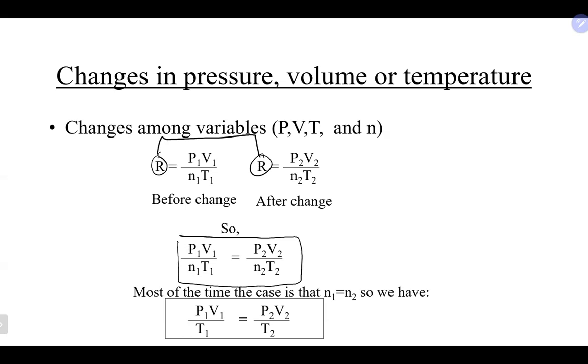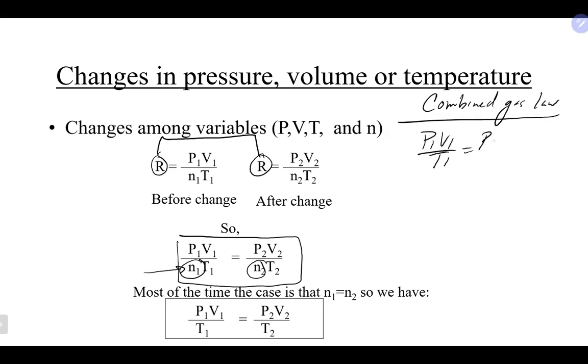In most cases, the moles pretty much stay the same, as long as you don't open the top. And what that leaves us is what is sometimes referred to as the combined gas law. And that is P1V1 over T1 is equal to P2V2 over T2.